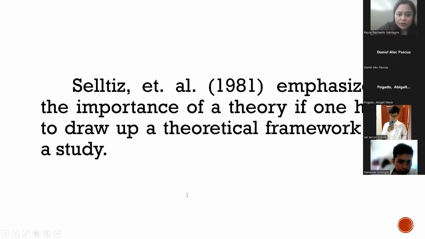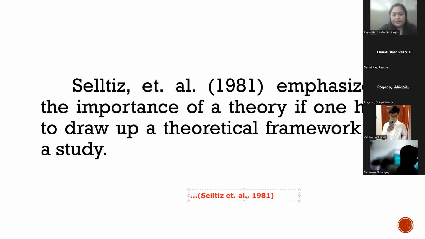Bali, magiging ganito na siya. Example, meron ka dyang idea, ganyan, and then end na ng idea mo. So, magiging ganito na siya. Celtis et al. And then, 1981. Period. Okay? Pag nasa end siya ng text.